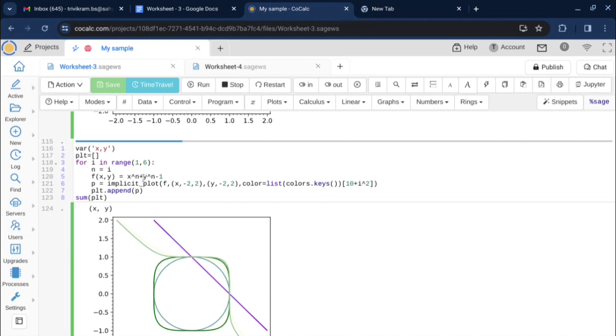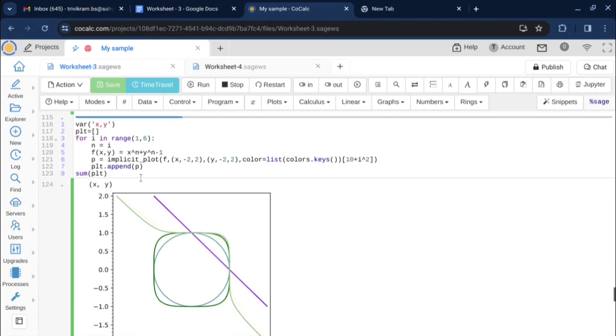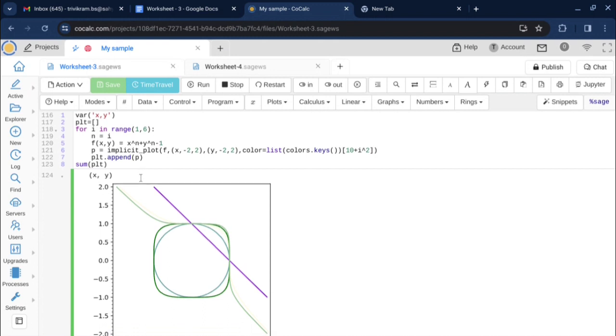When n is equal to 2, x square plus y square minus 1, that means it's a circle equation. X cube plus y cube minus 1 is a cubic equation. So like that, this is a summation of all the graphs for n is equal to 1 to 6.